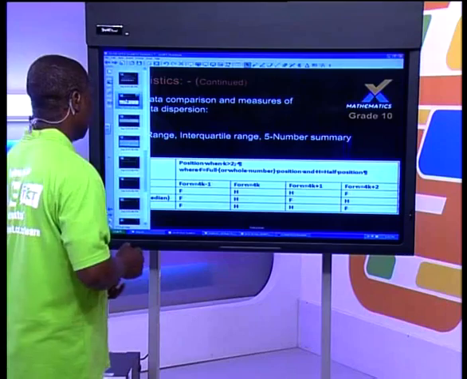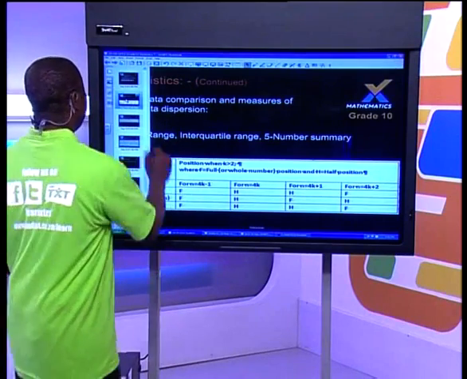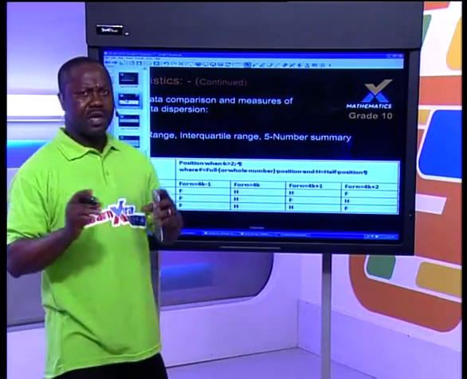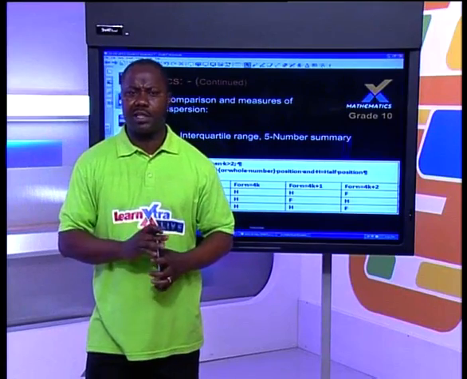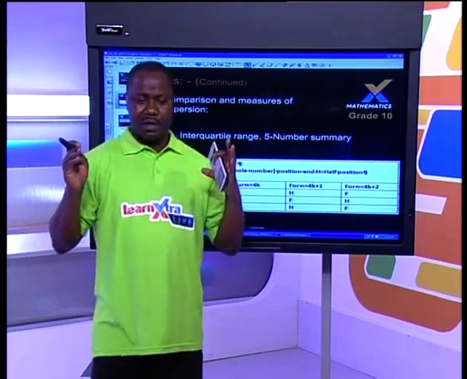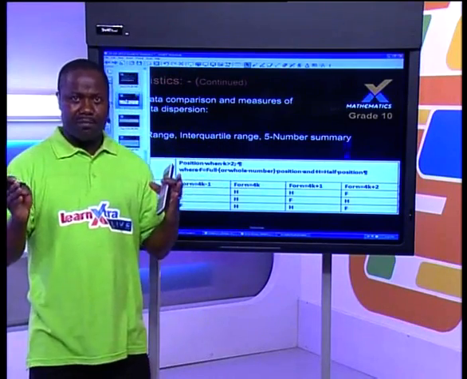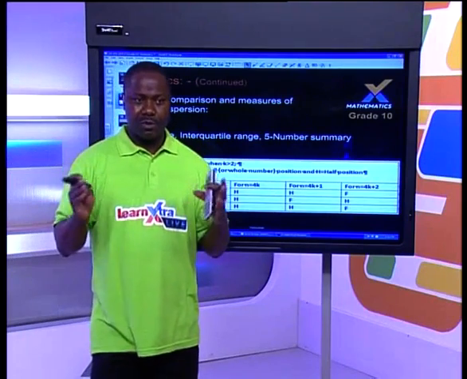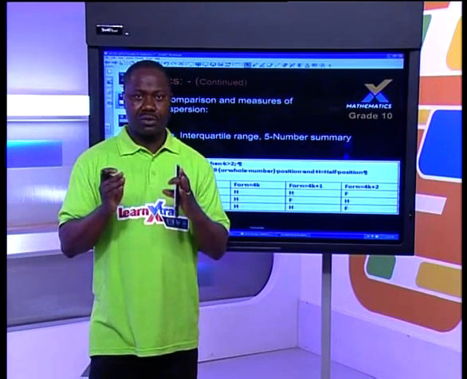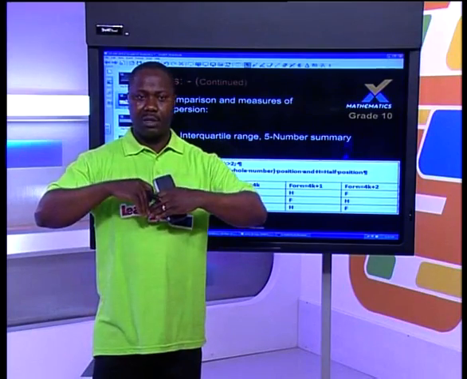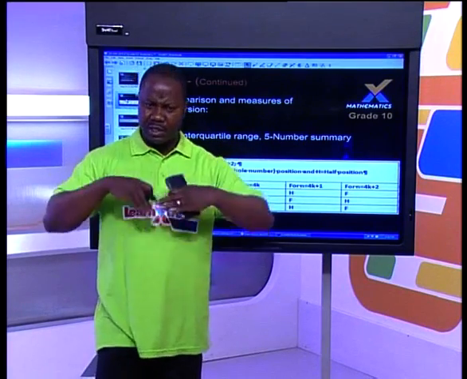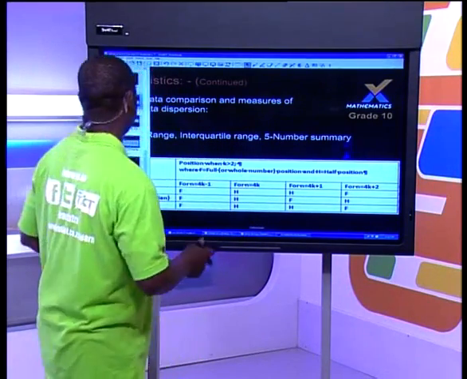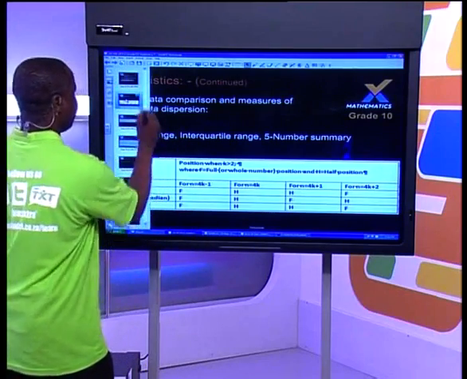Remember there were some quantities that I mentioned last week, typically the quartiles and the minimum and the maximum of data, and those we are going to use to look at how data is dispersed.